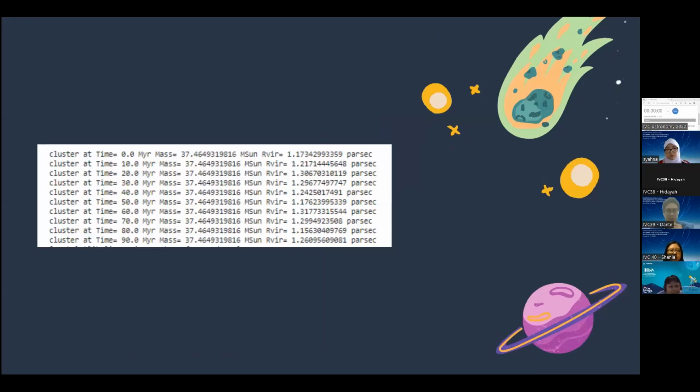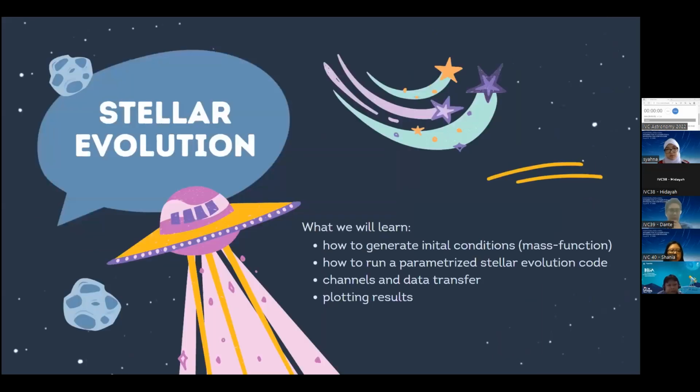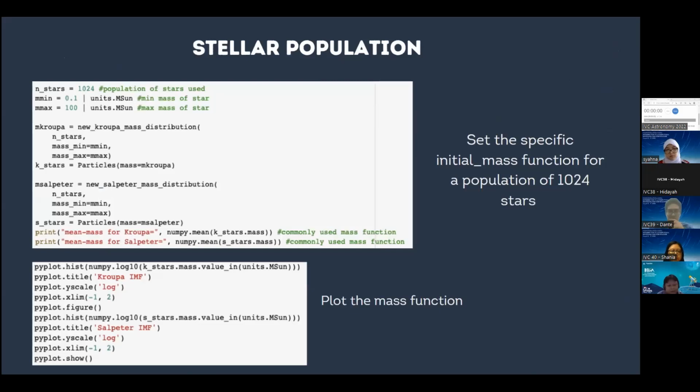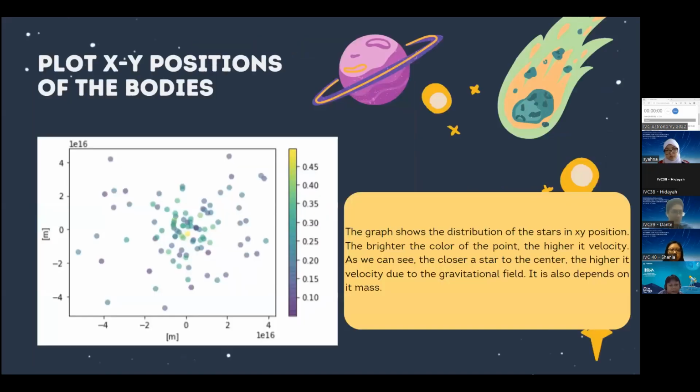Not the histogram. Yes, this one. The high mass is fewer than the low mass.